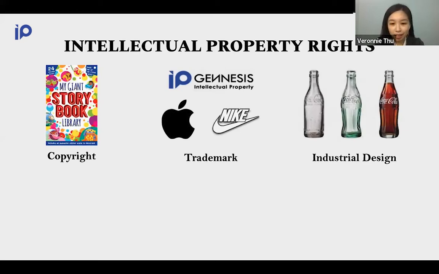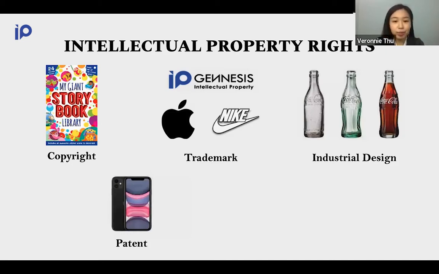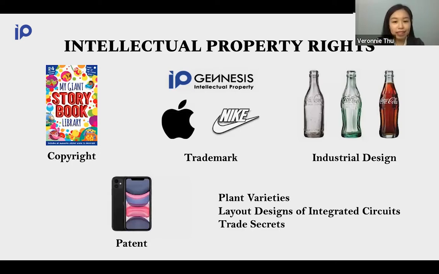This protects the external appearance of a product, like this design of the Coca-Cola bottle. Patent. This protects invention, and this includes certain products and processes that gives us solution to a problem. Plant varieties, layout designs of integrated circuits, and trade secrets are not so common. So I will be sharing more about the first 4 IP rights that you will encounter more often today.